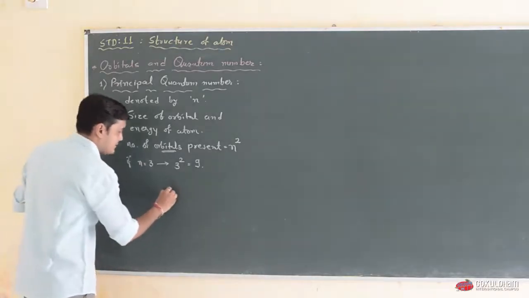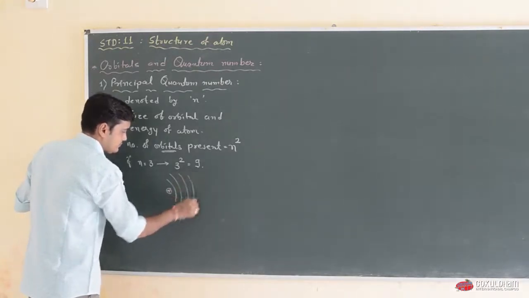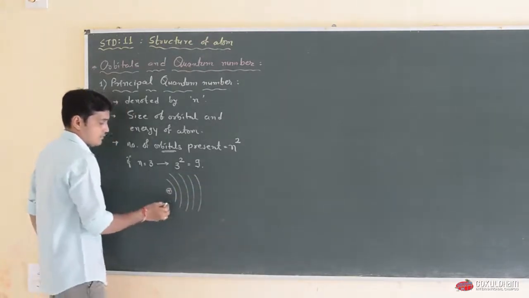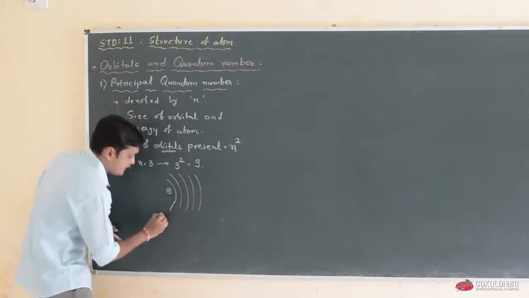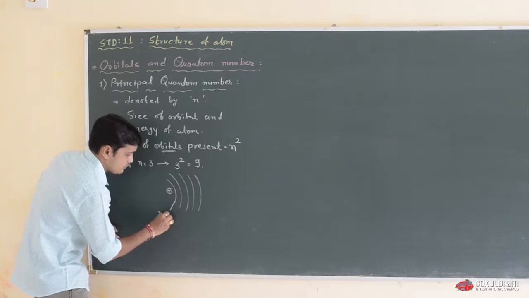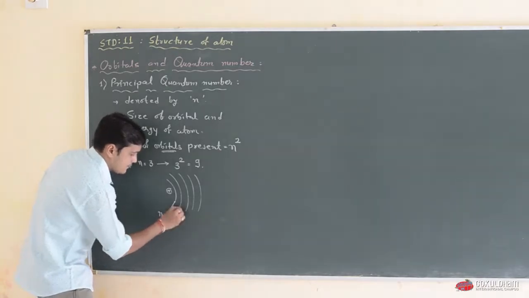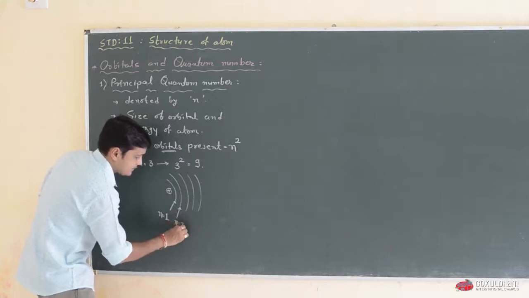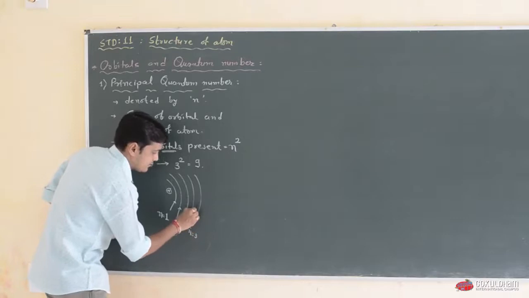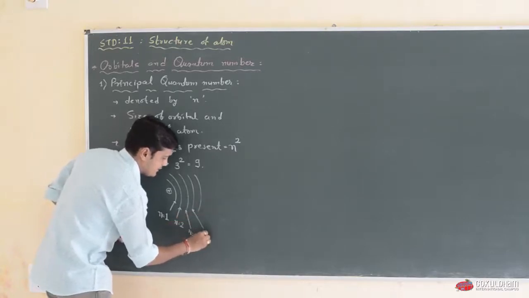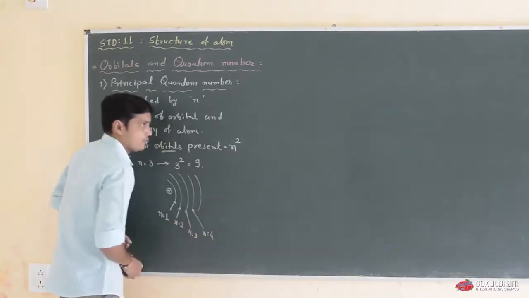We can understand this by this figure. The first orbit is known as n equal to 1, the second orbit n equal to 2, the third one n equal to 3, and the fourth one n equal to 4.